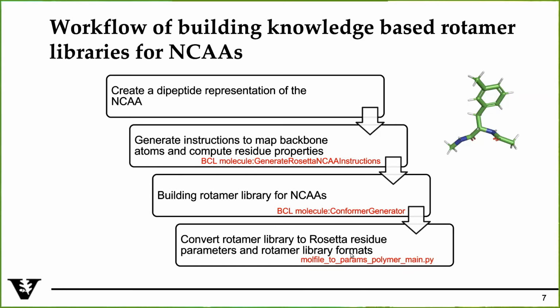This script converts the rotamer library generated by BCL and creates a Rosetta residue param file in the PDB rotamer format. This script is not currently available in the master branch of Rosetta, but we also provided it inside the folder of this tutorial, inside the scripts directory.